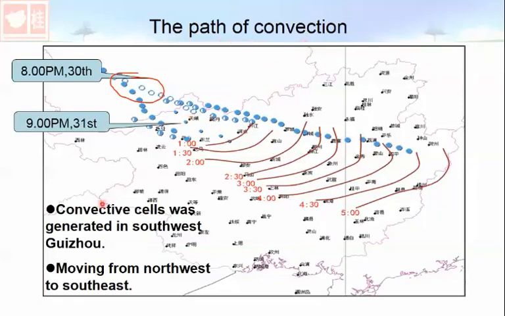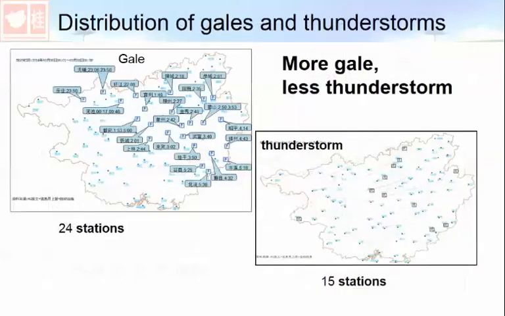From the path of the convection, we can see that the convective cell was generated in southwest of Guizhou and then moved from northwest to southeast. From the distribution of gale and thunderstorm, this squall line process caused 24 station gales and only 15 station thunderstorms in Guangxi.